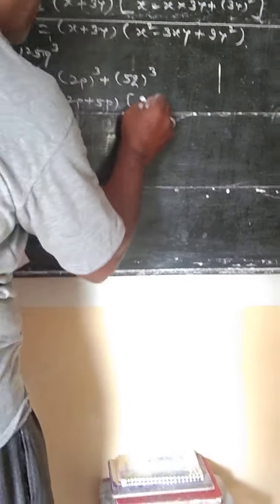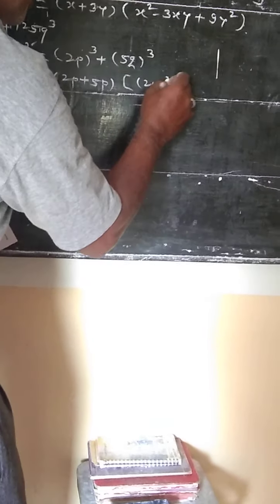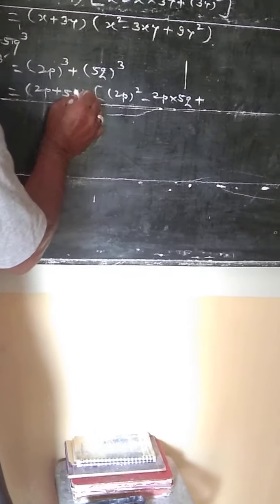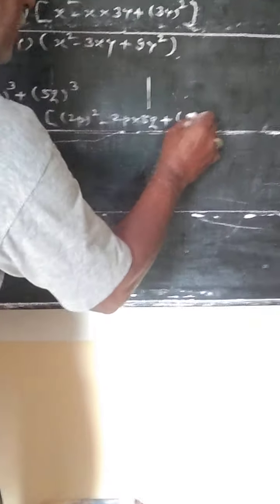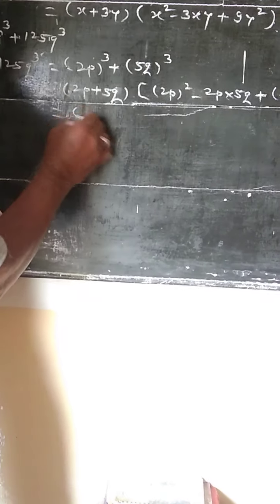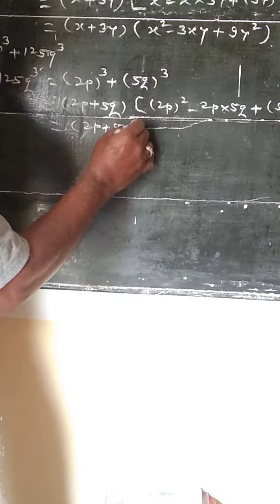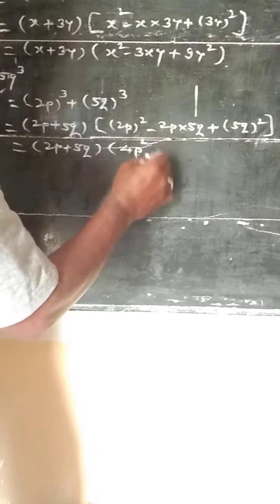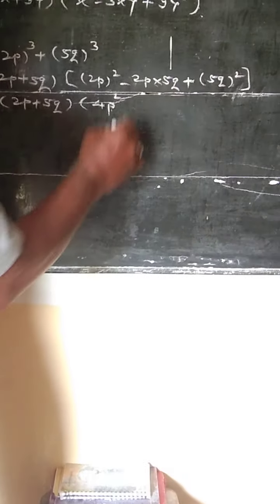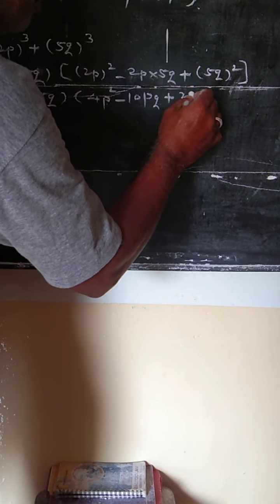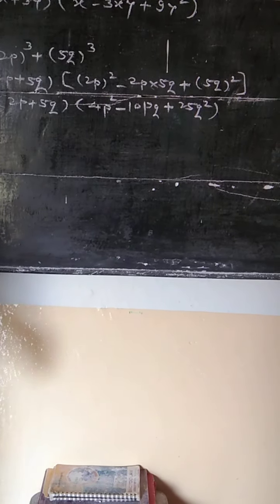In the second bracket, first term square, the first term is 2p, minus first term into second term, plus second term square. Sorry, this is q. Square bracket complete. Now take both brackets round: 2p plus 5q. In the second bracket, the square of 2p is 4p square, the product of 2p and 5q is minus 10pq, and the square of 5q is 25q square. Round bracket complete.